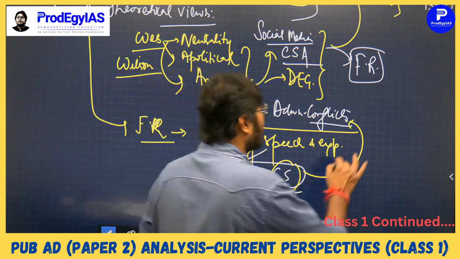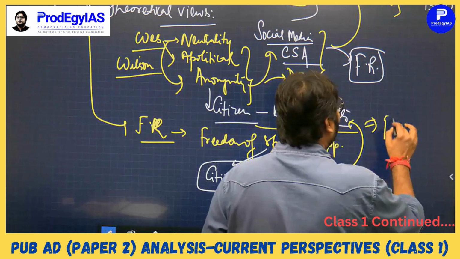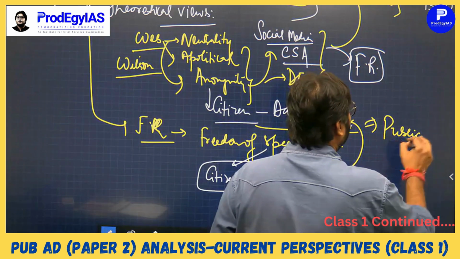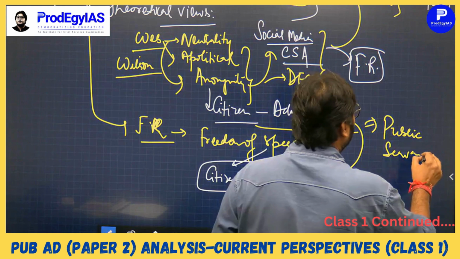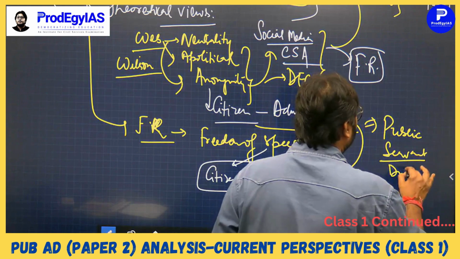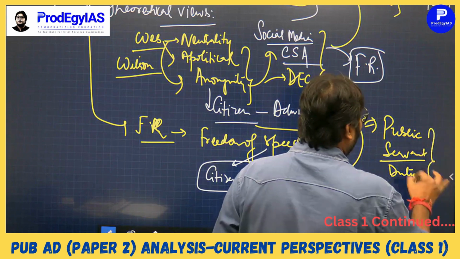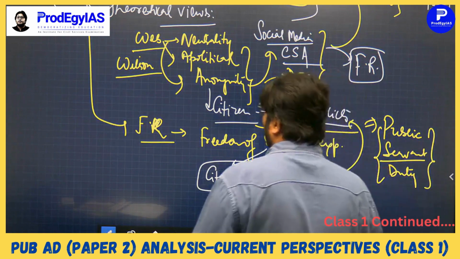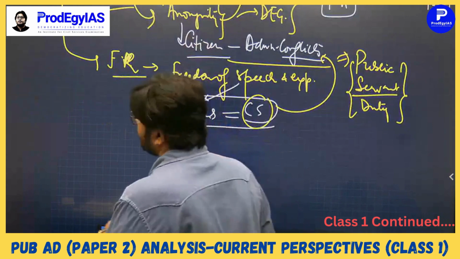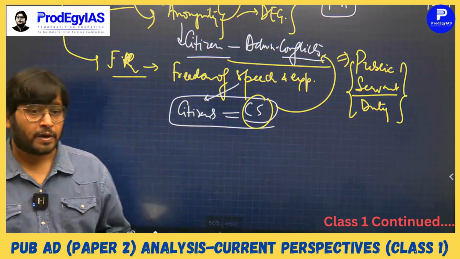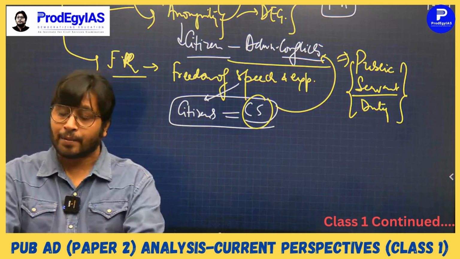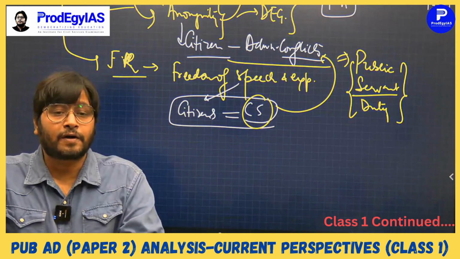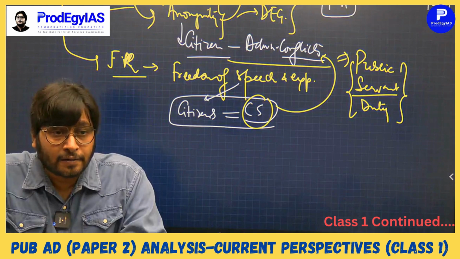What is the concept of public duty, right? Or public servant? Do you agree that by virtue of being a public servant or performing a public duty, the civil servants are liable to be restricted in terms of their fundamental rights. One aspect.